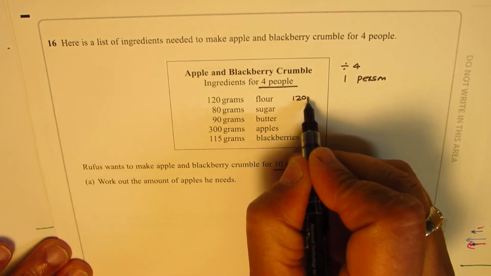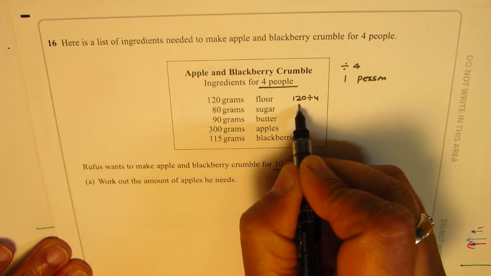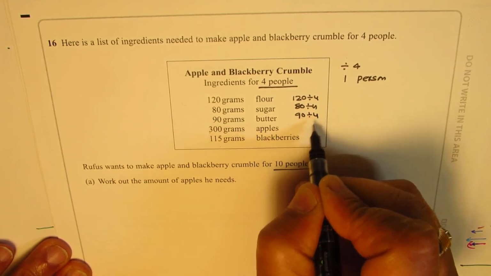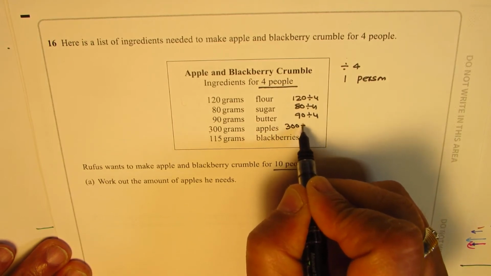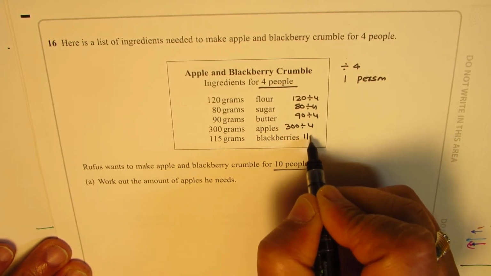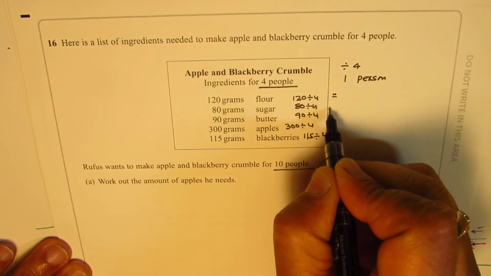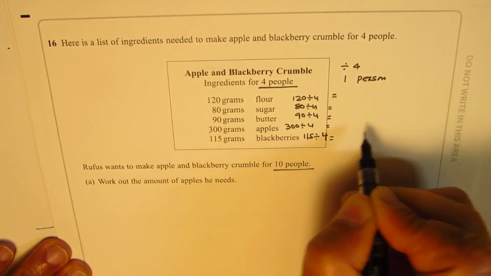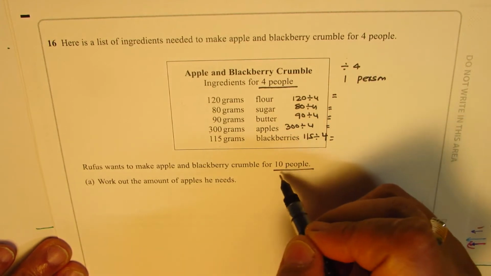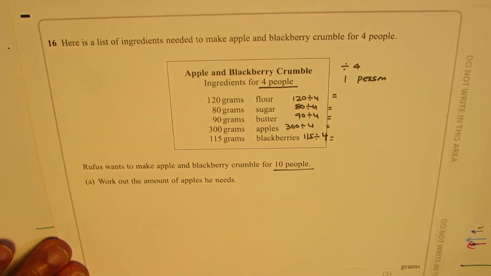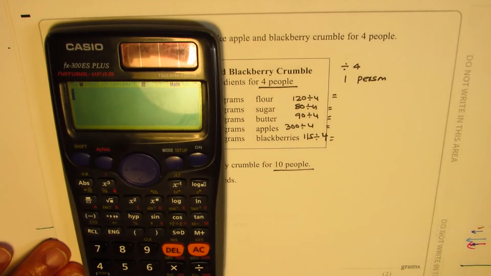So you can do 120 divided by 4, 80 divided by 4, 90 divided by 4, 300 divided by 4, and 115 divided by 4, correct? To get all these values. Then you multiply them by 10 to get for 10 people, right? So that is how we'll do it. So let's do using calculator.